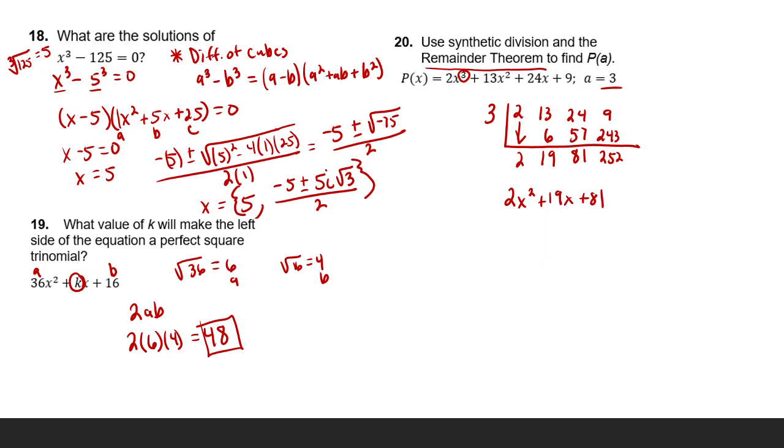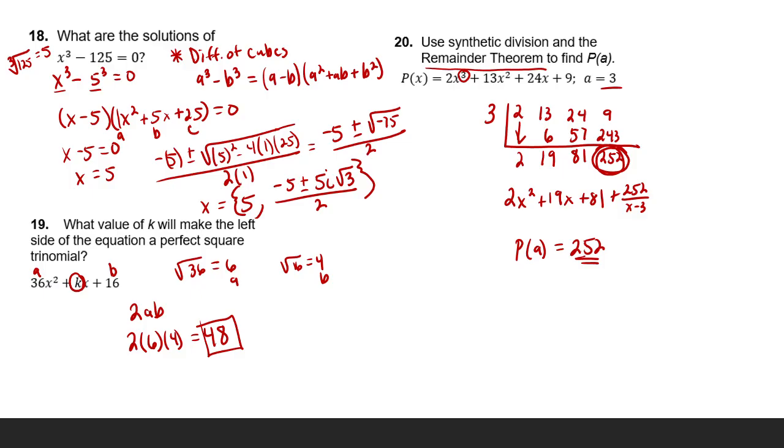And then your remainder is going to be the 252 over my x minus 3, but they actually just want the remainder as the answer. So they're saying if you plugged in your a, which is 3, in here, then we're getting 252. So they actually just want the remainder. You're just going to take whatever you have left over there and type that answer in.